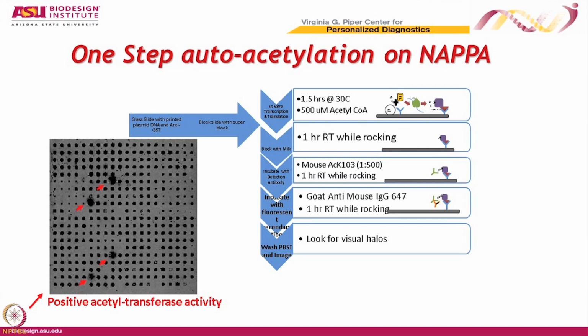In this case, he was using an acetyl group that could be detected by an antibody. He treated the array with acetyl-CoA, incubated the array, and just allowed the proteins to acetylate themselves, washed away all the reactants, and then stained with the antibody and identified proteins that autoacetylate. So this is, again, a way to look for enzymatic activity on the array.